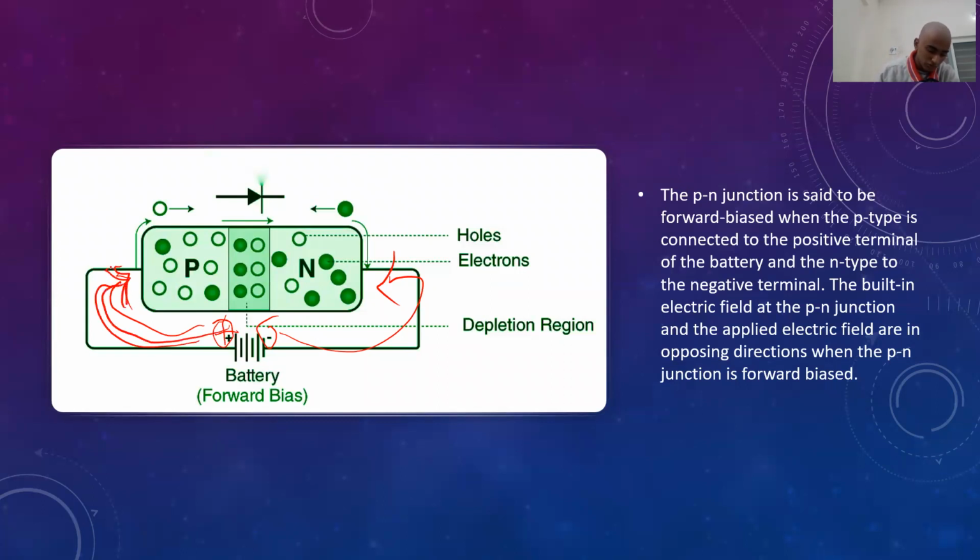The positive charges repel each other and tend to move towards the N-type, and the electrons from the negative terminal tend to move towards the P-type. The depletion region for a forward bias is less.